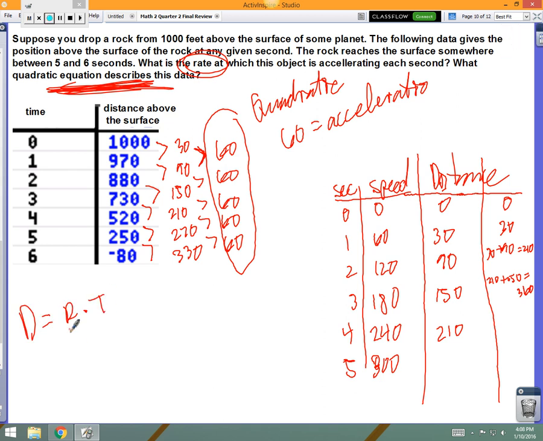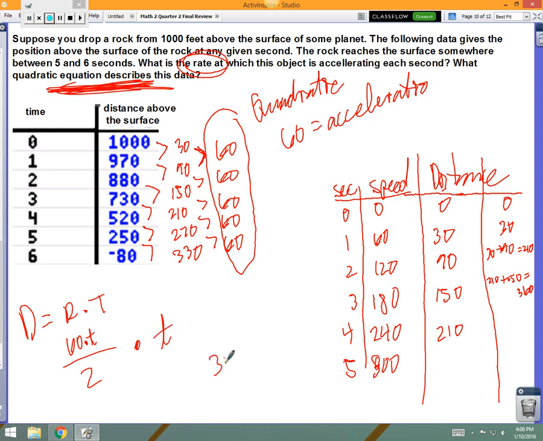Your speed is going to be, we found the speed 60, so it's going to be 60 times the time. So if it's in the air for 500 seconds, that speed's going to be 300 feet per second. But we're going to use the average speed from 0, so we're going to divide that by 2, and then you're going to times that by time.